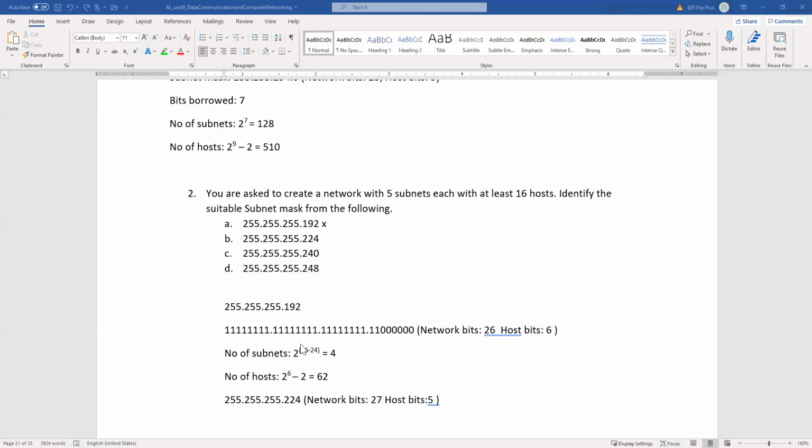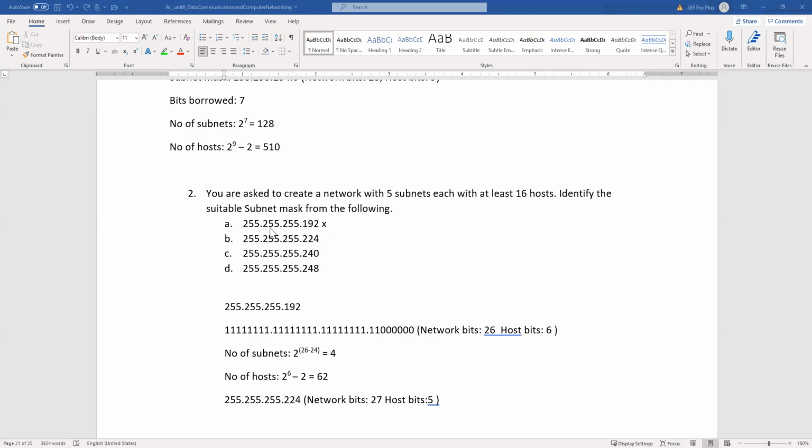In this particular case, we are given 4 subnet masks, and in all 4 you see 255.255.255, so we can assume this is a class C network. In the default subnet mask, we have 24 bits.